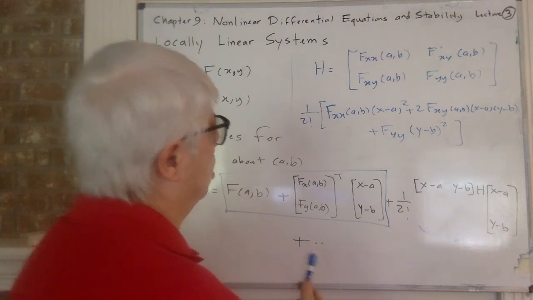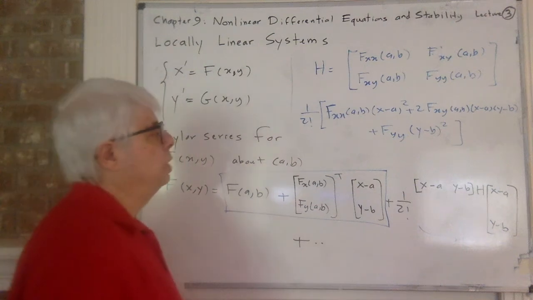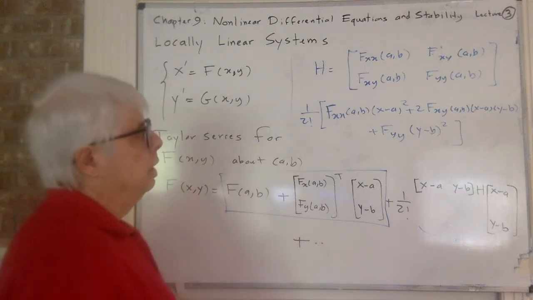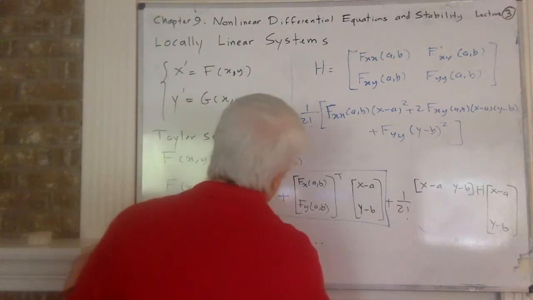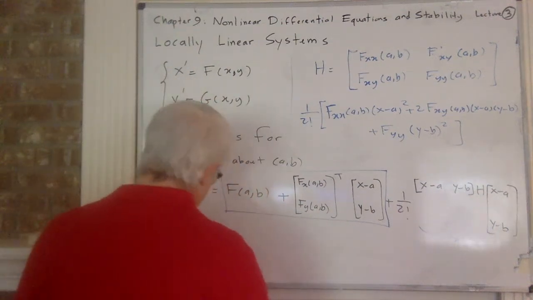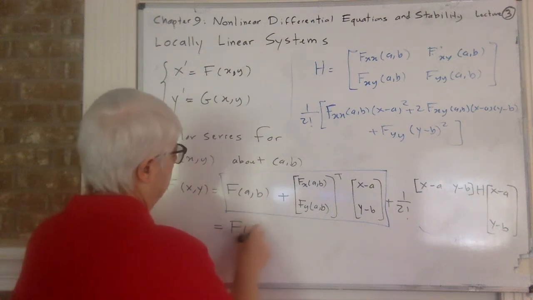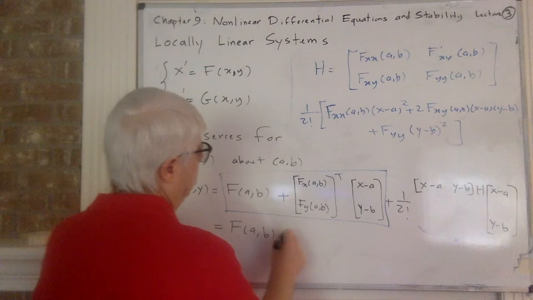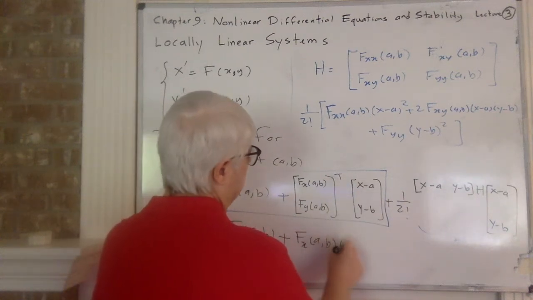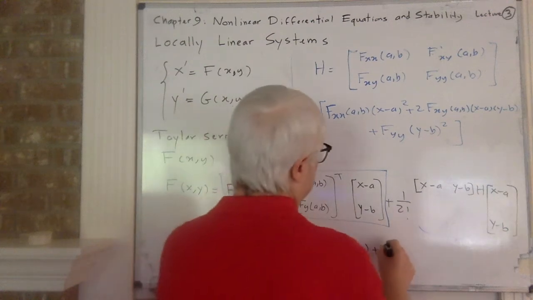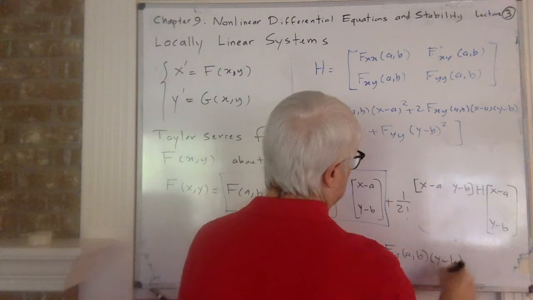Okay, that's what I'm talking about. If I am close to point AB, if I'm close enough to point AB, then these terms are small compared to this one. And what is this? Let me write this one for you. That is in fact f(a,b). So that is in fact f(a,b) plus fx(a,b) times x minus a plus fy(a,b) times y minus b.